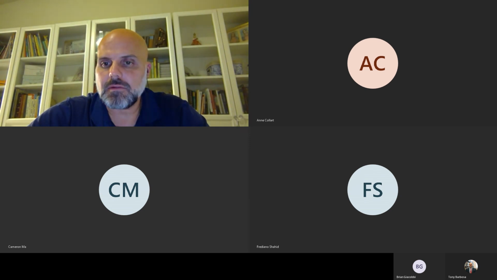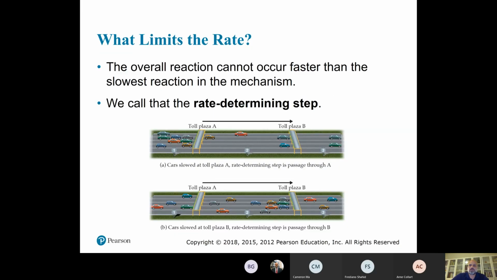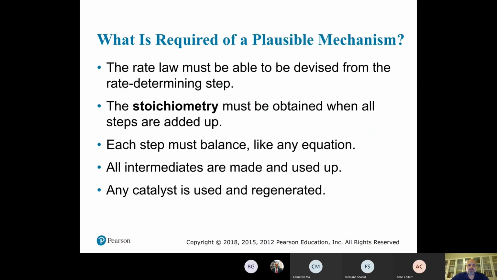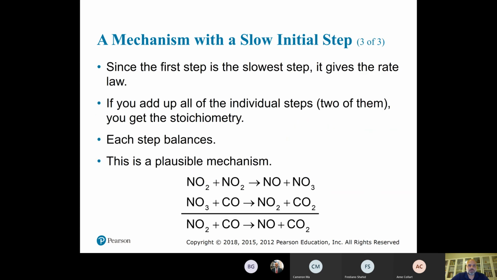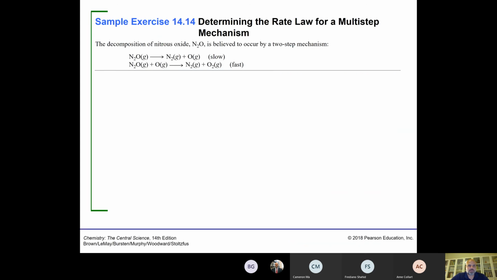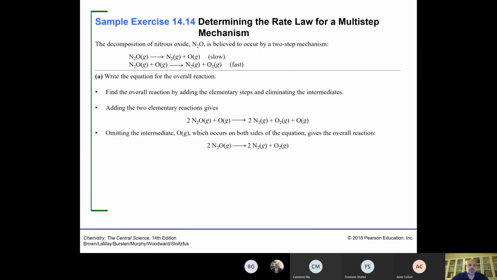So we have our steps that affect rate. You can see in the first case the slow step is the first step. Let's go through the initial slow step. Let's go to the problem here.